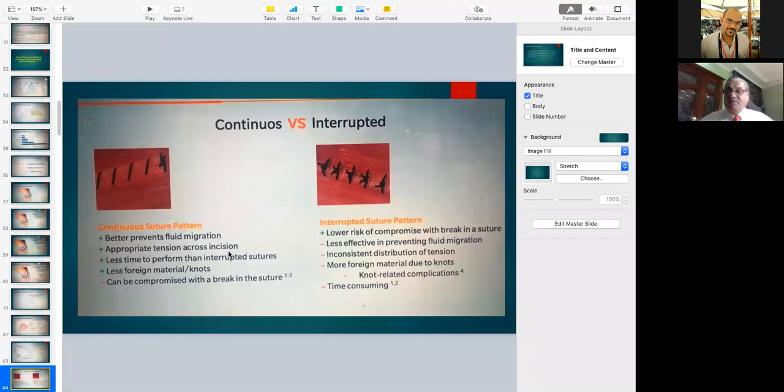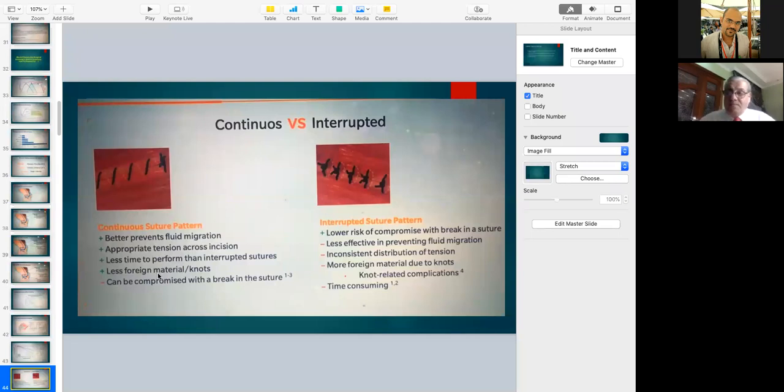Okay, another subject. What about continuous versus interrupted? The continuous suture better prevents fluid migration from inside to outside, gives even distribution of the tension across the incision, takes less time for us to perform, and has less foreign material, as there are no knots.